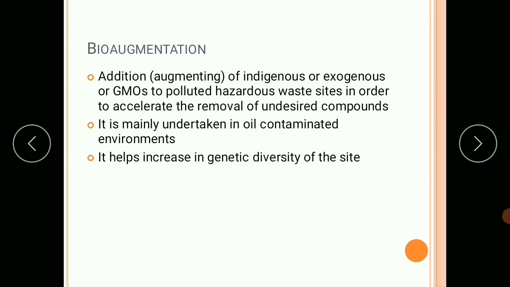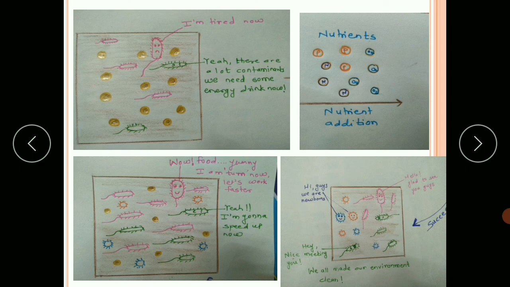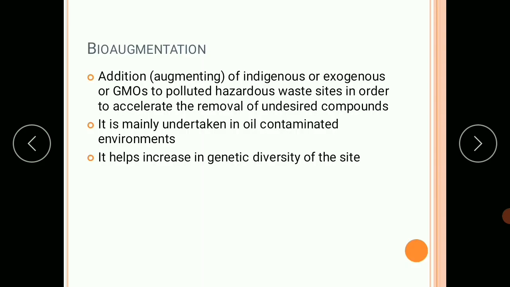In biostimulation we added nutrients to speed up the process, but in bioaugmentation we are adding microorganisms only. Since we are adding microorganisms, it helps increase the genetic diversity of the site. If there are more microorganisms, more utilization of those contaminants will happen.